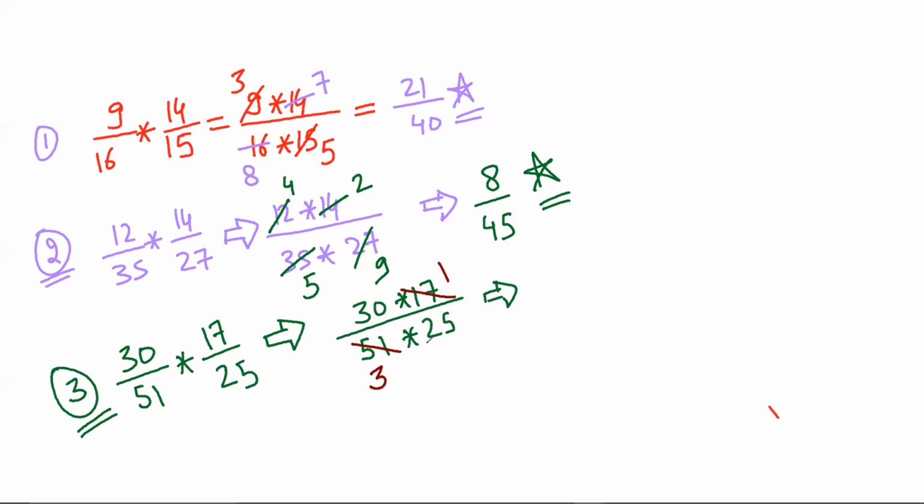Now what are the other common factors that you see? 5. 5 fives are 25, 5 sixes are 30. Hold on. Any other common factor? Mr. Sarthak, is there any other common factor? No, sir. No. 3. 3 ones are 3, 3 twos are 6.